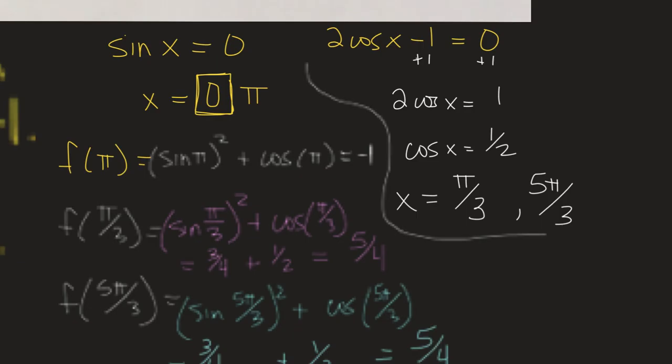So using my wonderful unit circle, I see that I have an absolute minimum, right? -1 is my smallest value when x equals pi. And I have 2 absolute maxes, right? I have a 5/4 and another 5/4. So I guess a local max at pi over 3 and another local maximum at 5 pi over 3.